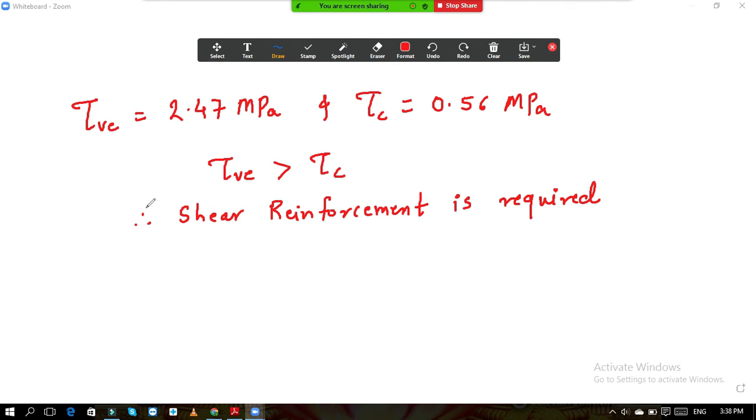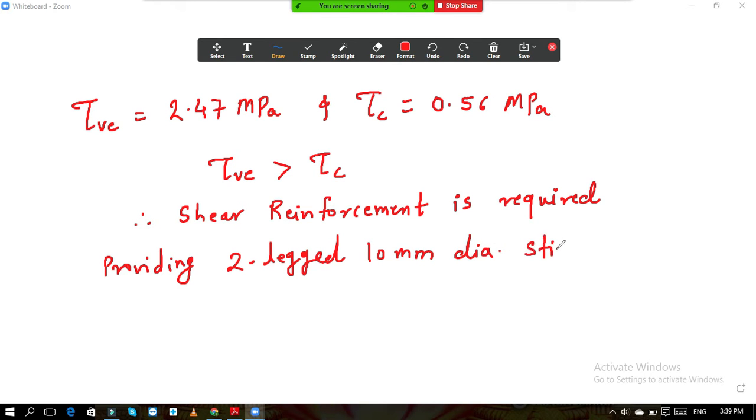So, providing two-legged 10 mm diameter stirrups.